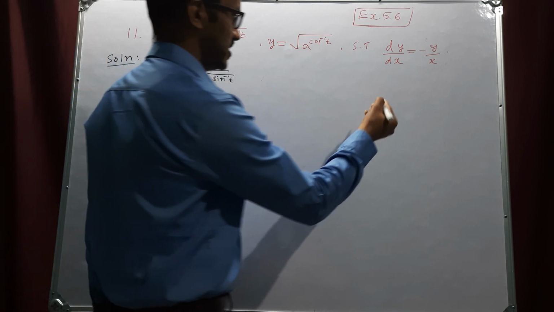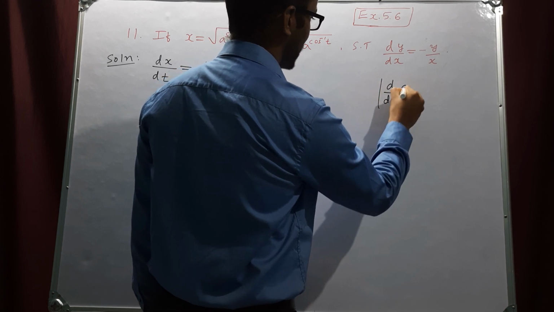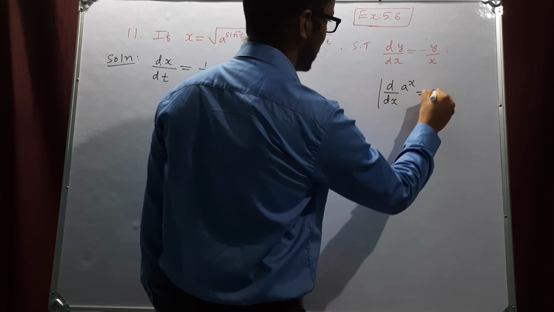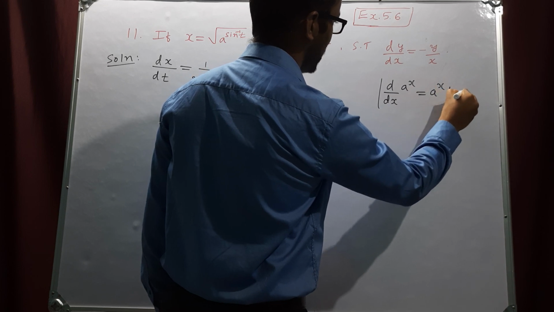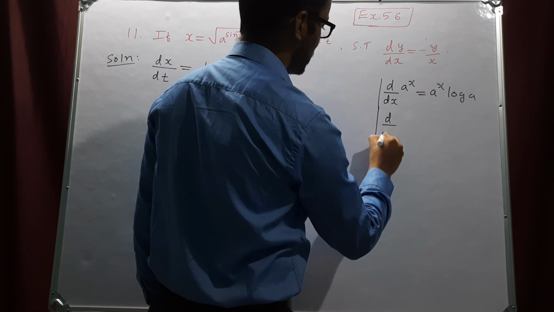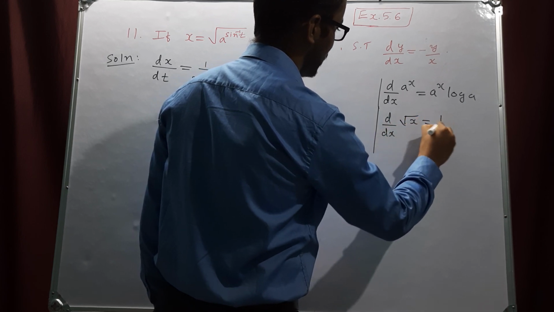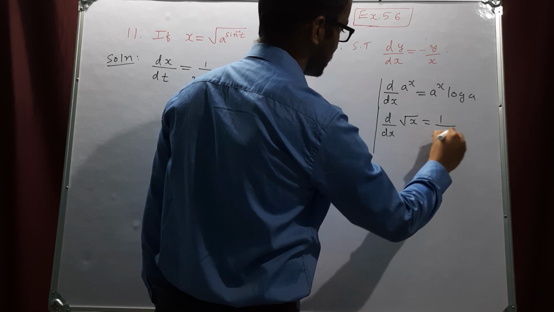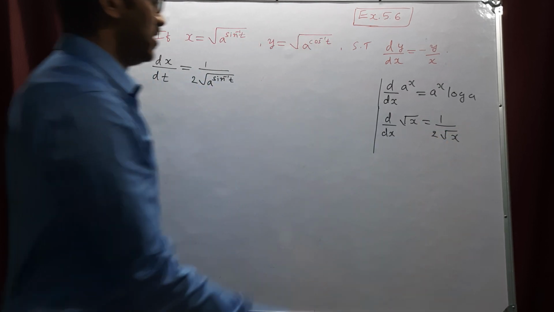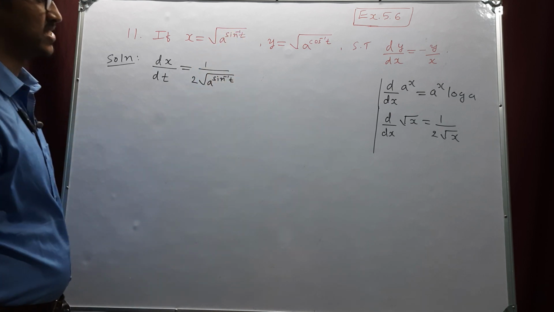We know that derivative of a power x, a power x means a power x into log a. Similarly earlier we have used d by dx of root x. Root x means 1 by 2 root x. So derivative of a power sin inverse t.